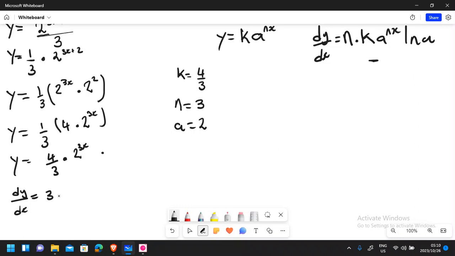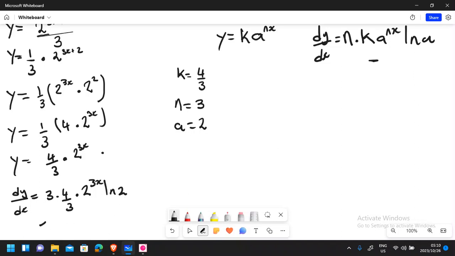Then multiply by, let me just put a dot here, remember the dot represents multiplication, by k. So what is k? K is 4 over 3. Then multiply by a. Our a, remember, is 2, and then we have exponent n, which is 3x, right? Then we have natural log, which is going to be 2.